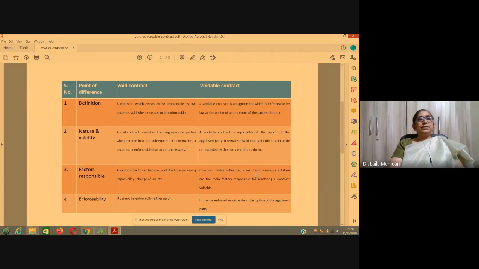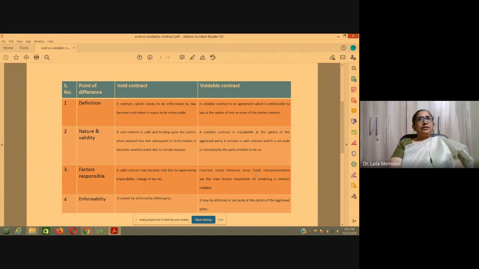A valid contract may become void due to supervening impossibility. That is, afterwards it becomes impossible to perform because of changes in circumstances, change of law, etc. That is, it is not permitted by law.